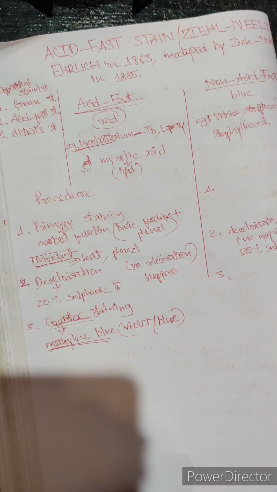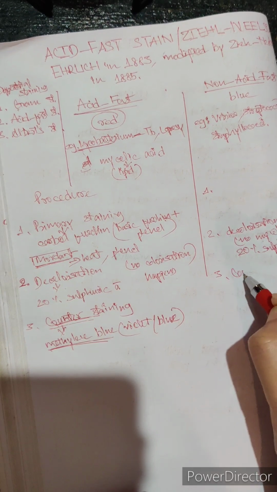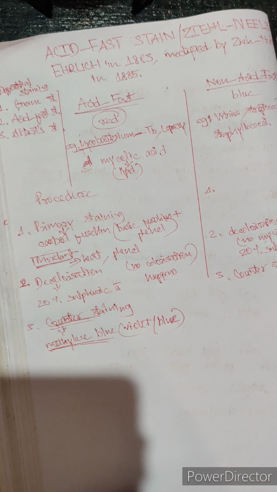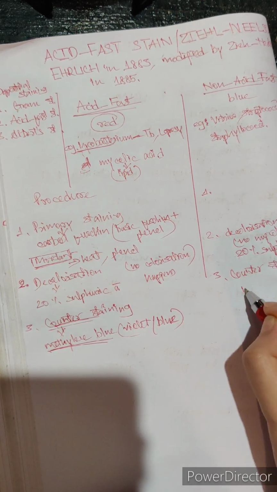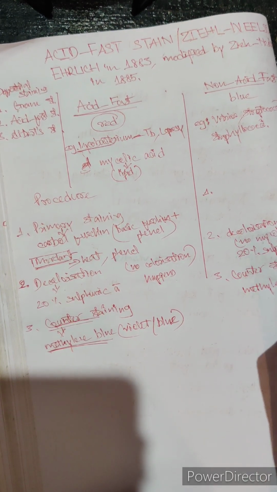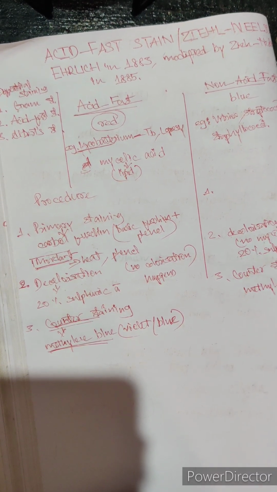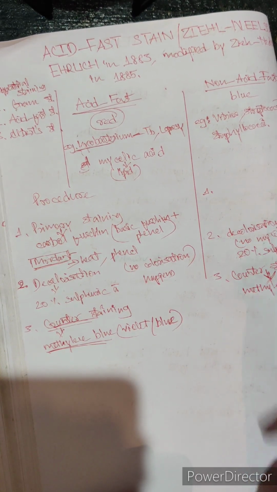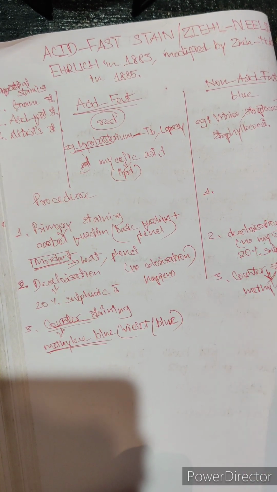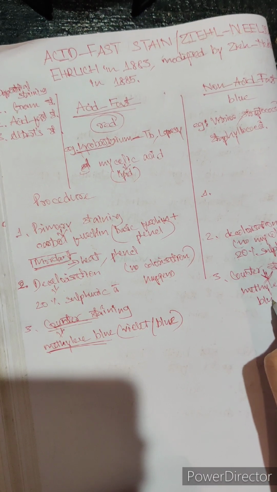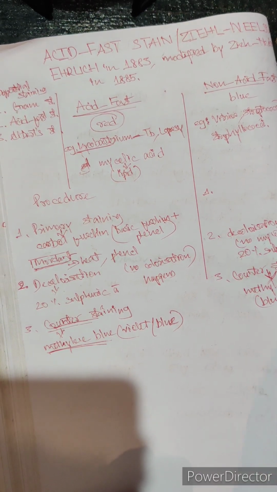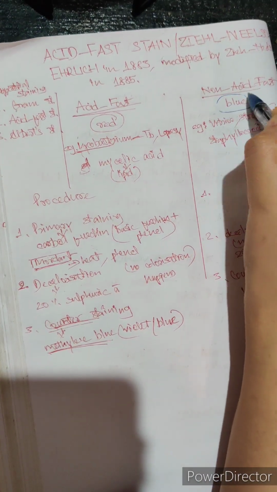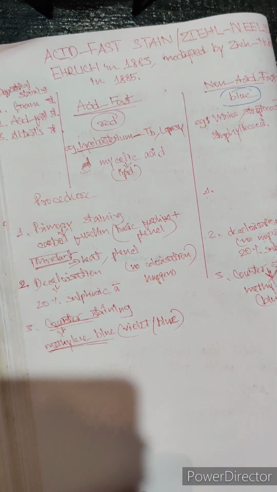If it is decolorized, then when you add a counter stain, which is your methylene blue, it will take the color of your counter stain, which is blue. Your methylene blue is blue color. So this is the reason behind the blue color of your non-acid fast organisms.